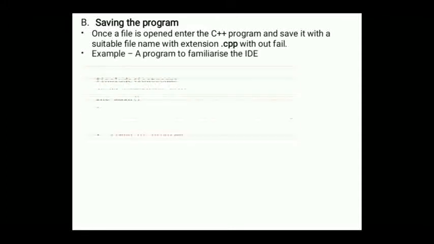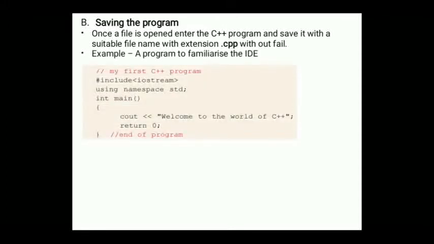Consider an example. This is the simple structure of a C++ program. Hash include iostream is known as a header file. Then using namespace std, terminated with a semicolon. Then the main function, int main, parentheses open and close.